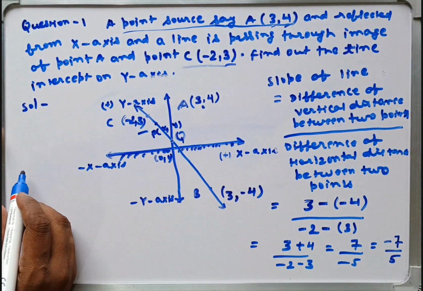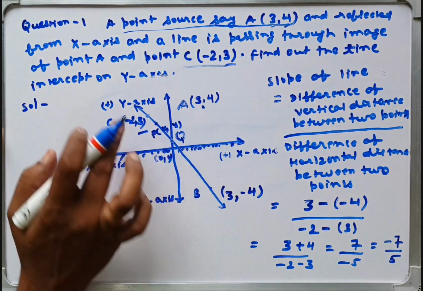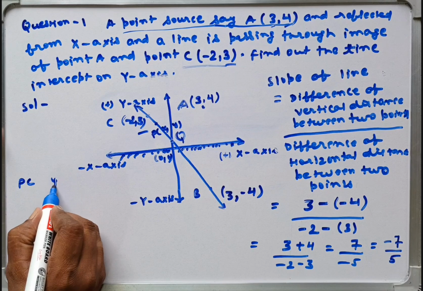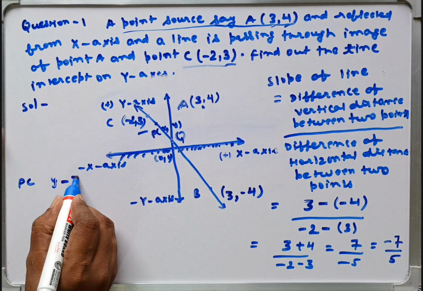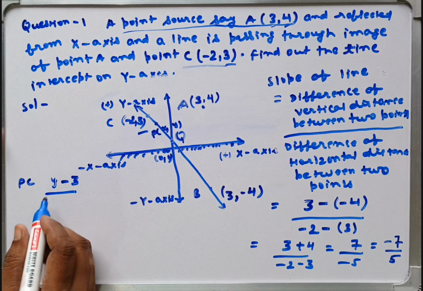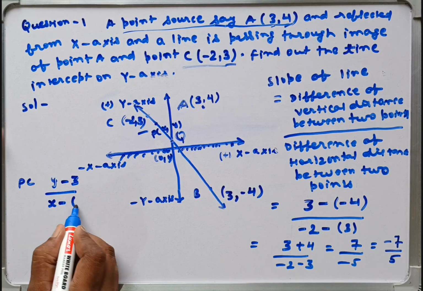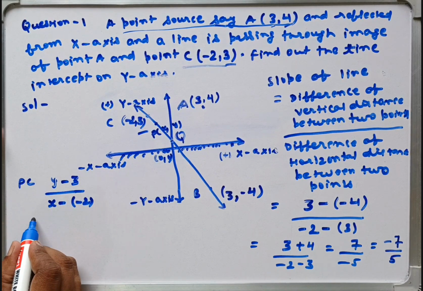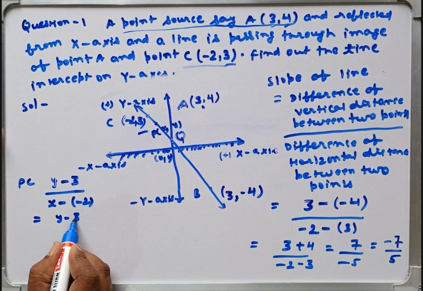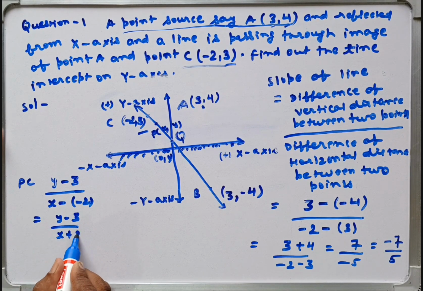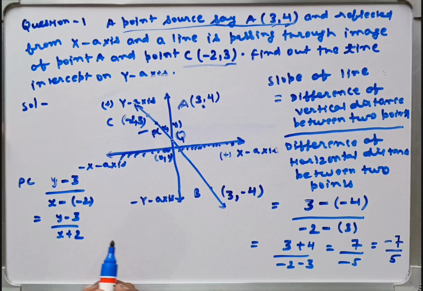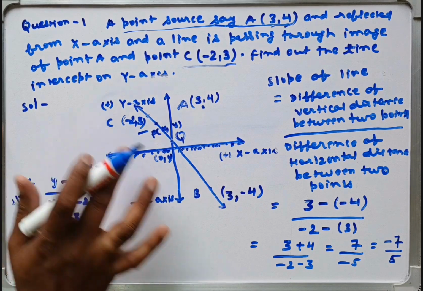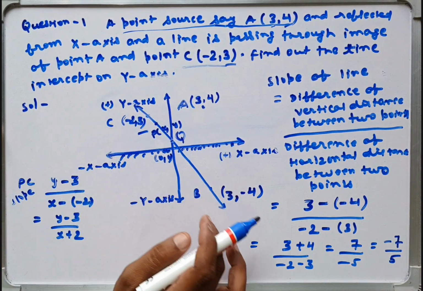Then the slope of the section PC is equal to what, guys? y minus 3 divided by x minus -2, which is (y - 3)/(x + 2). Now this PC slope must be equal to the BC slope.